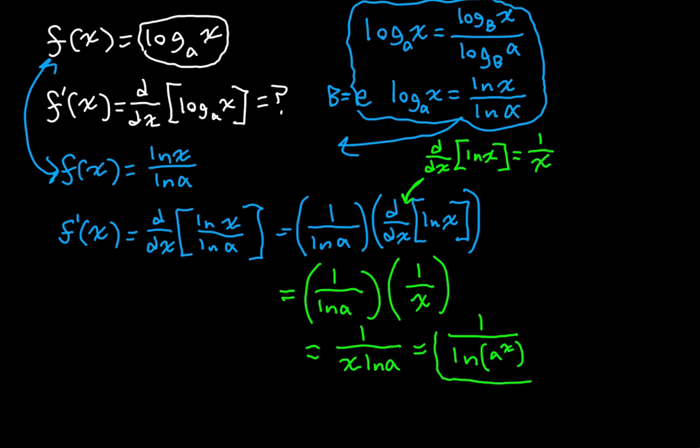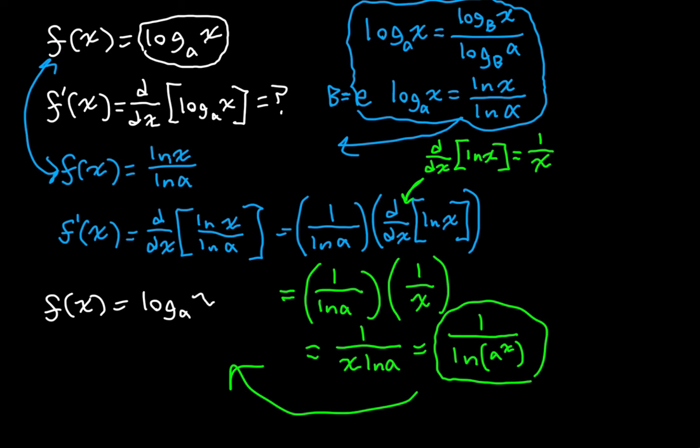The idea is that we do have the function for our derivative now, and we can say with pretty good confidence that given f of x is equal to the log with some base a of x, f prime of x is going to be equal to 1 over the natural log of a times x, or 1 over natural log of a to the x.